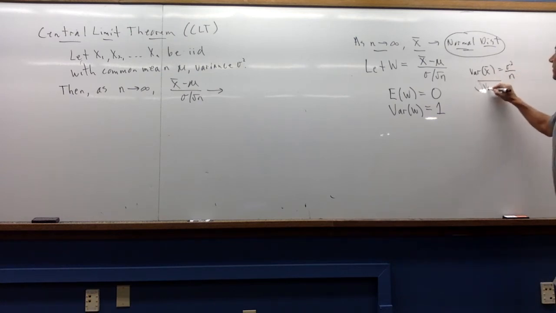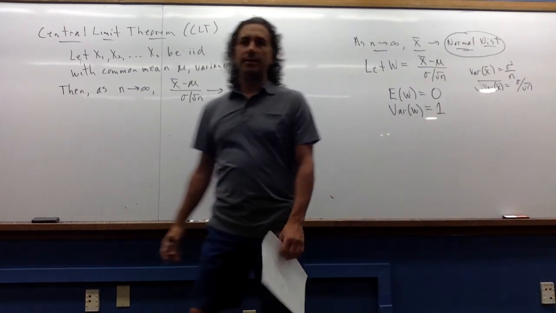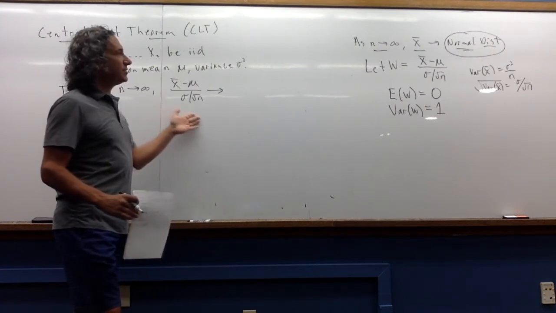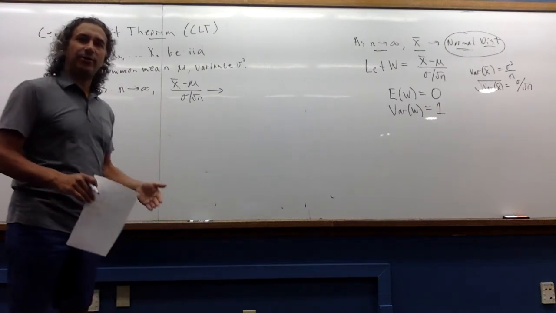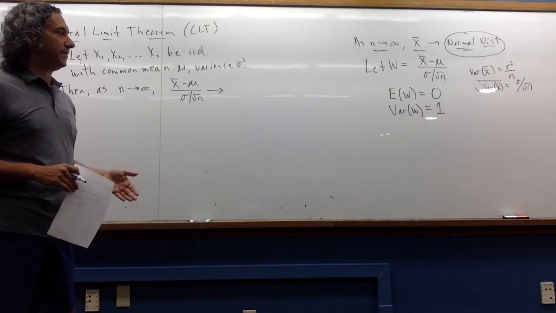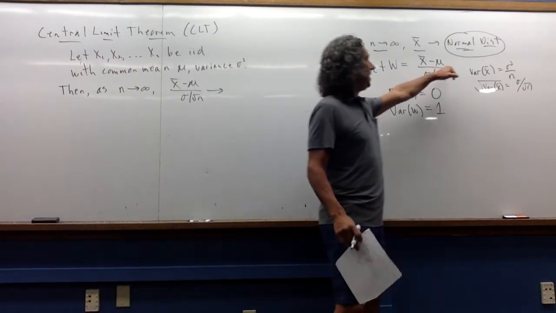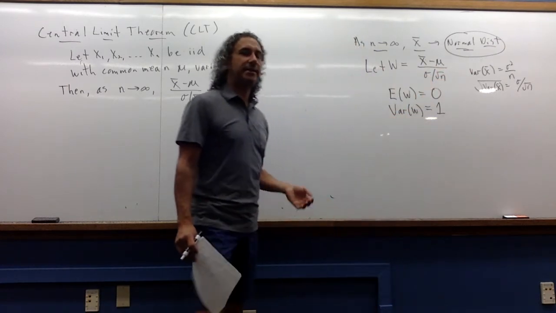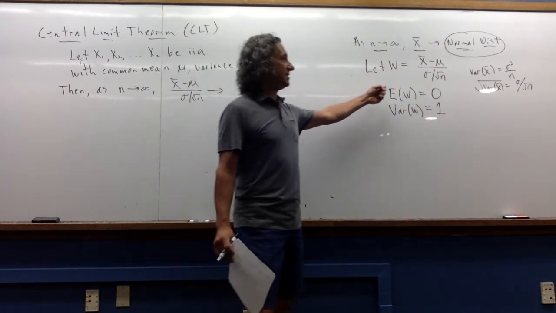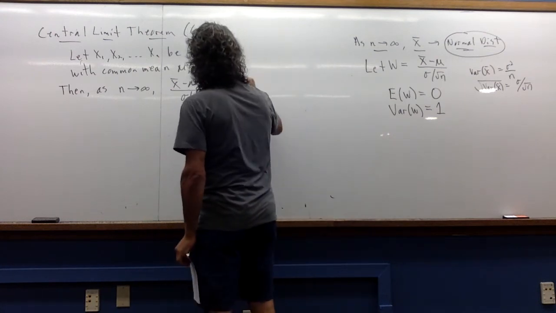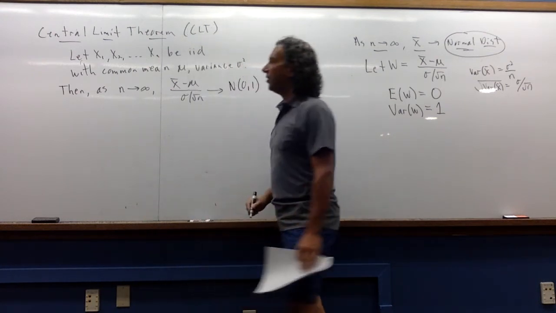The square root of this is sigma over root n. But that means that this is going to approach a standard normal distribution, because we're subtracting its mean and dividing by its standard deviation. And in fact, I gave you the hint right over here. So this approaches a normal 0, 1.